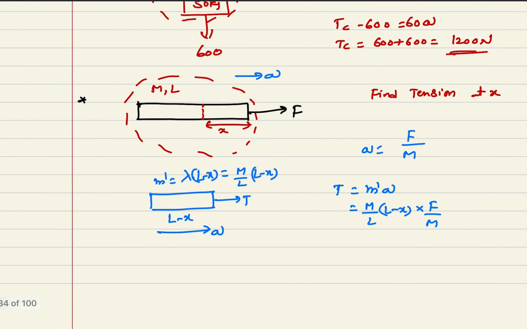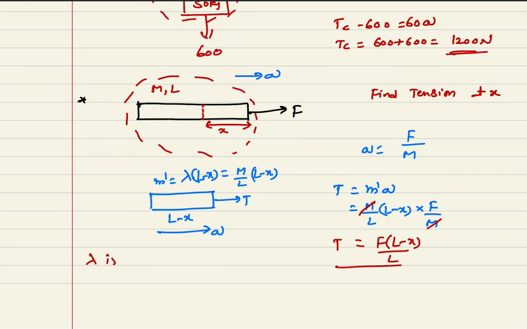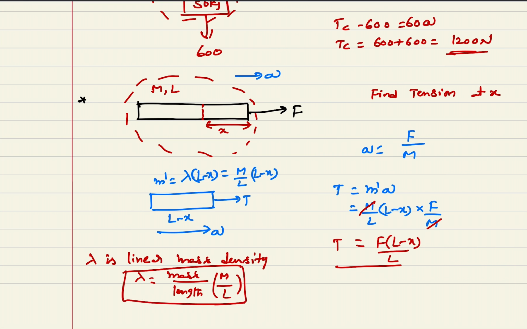If I observe this, m and m get cancelled. Finally, I can write F into L minus x divided by L. This is my tension at the x distance. Here lambda is linear mass density. Lambda is mass per unit length, m divided by L. This is the linear mass density.